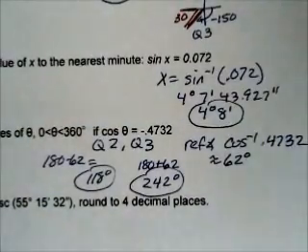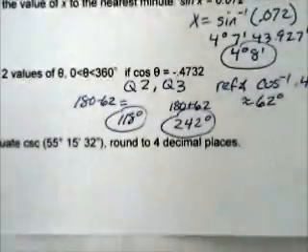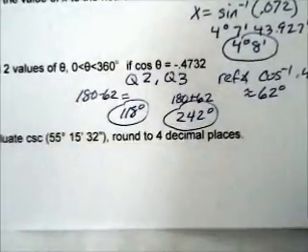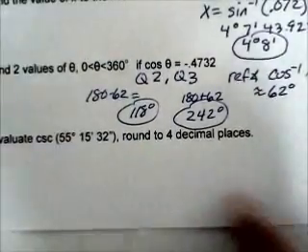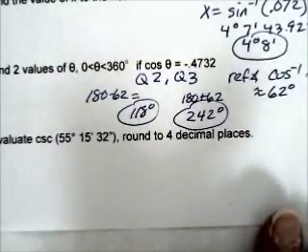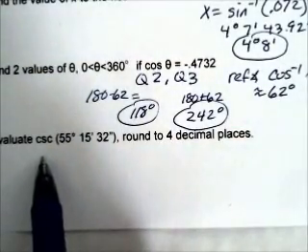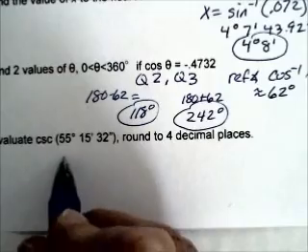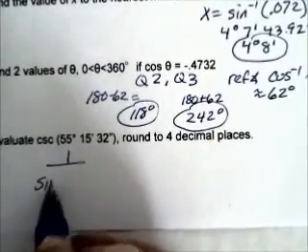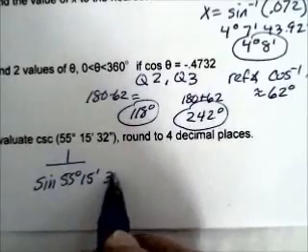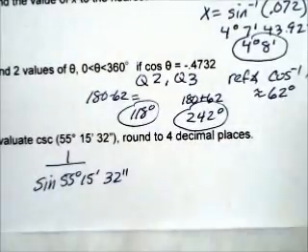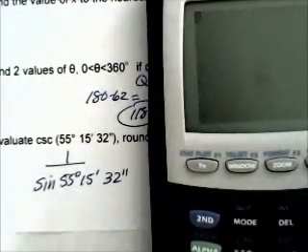Okay, and number 6. Evaluate cosecant of 55 degrees, 15 minutes, 32 seconds, round to 4 decimal places. Cosecant's reciprocal of sine, so we'll key into the calculator 1 over sine 55 degrees, 15 minutes, 32 seconds.